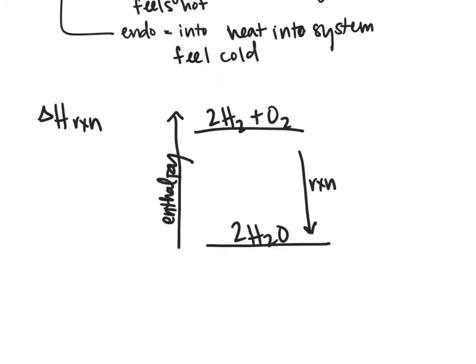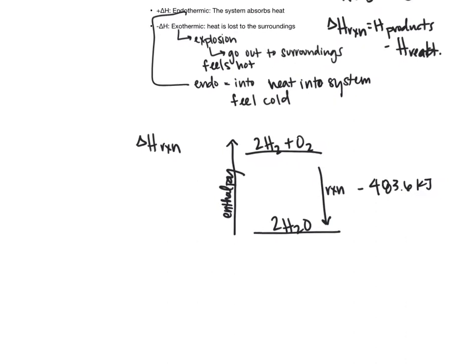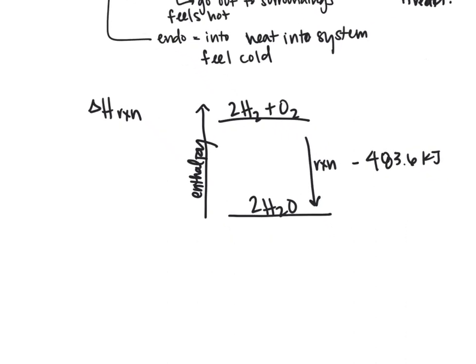In this case, it's going to take negative 483.6 kilojoules. So this tells us that the system gives off heat to form water. And this is our delta H of reaction.